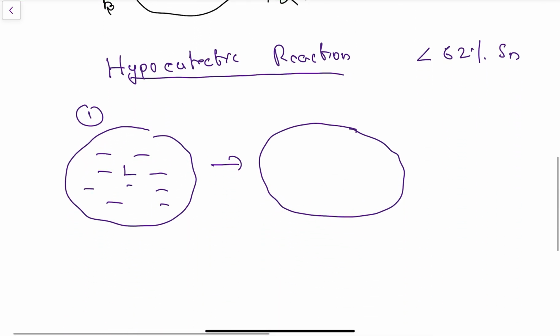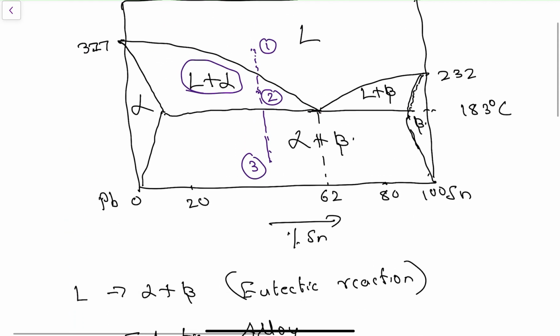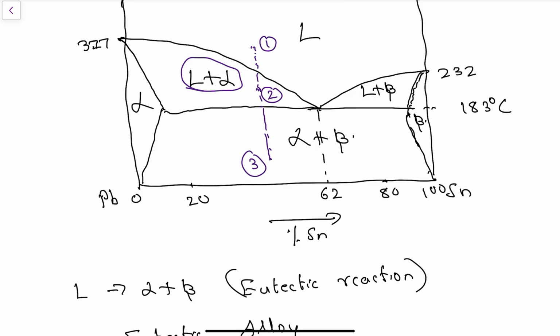You can see that small crystals of alpha form here. The rest of it will remain liquid. This is alpha, and this is alpha. But what happens after this point?